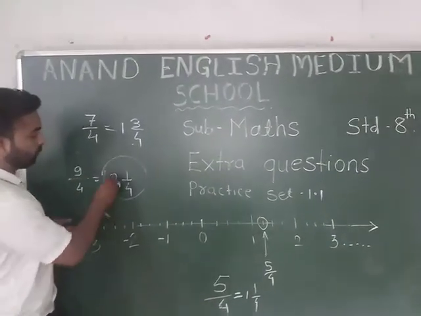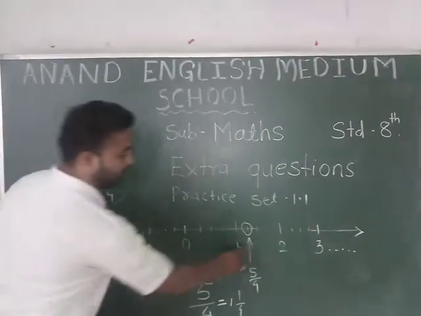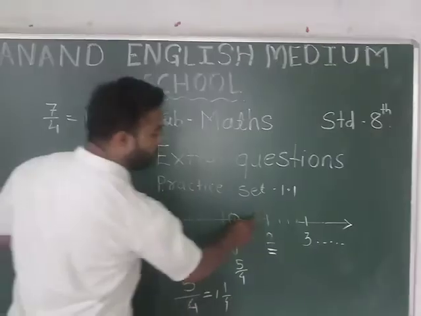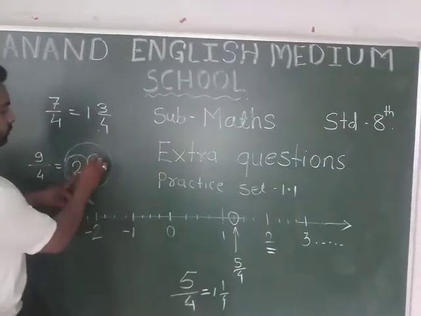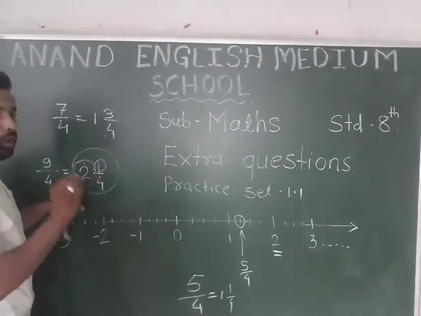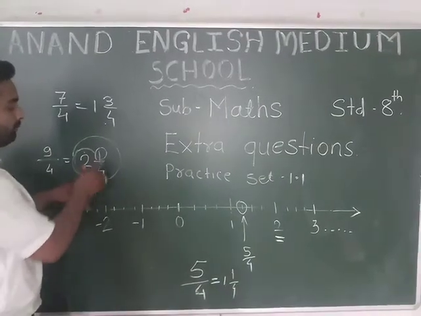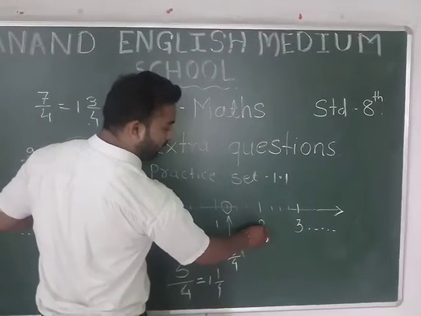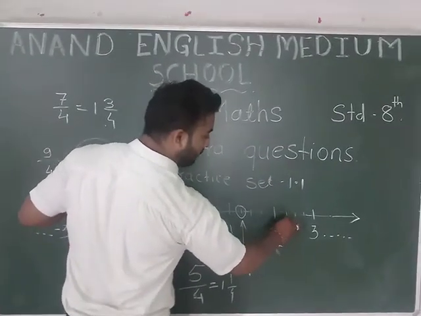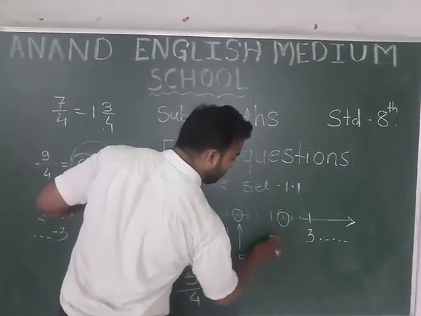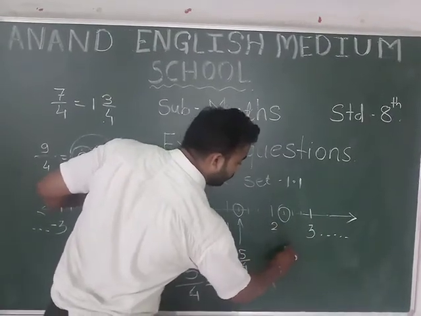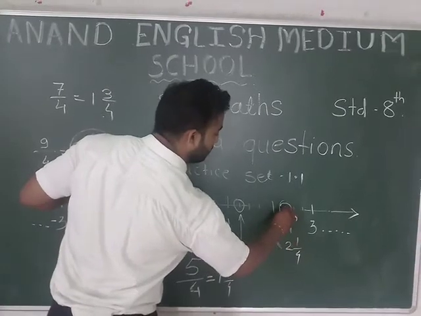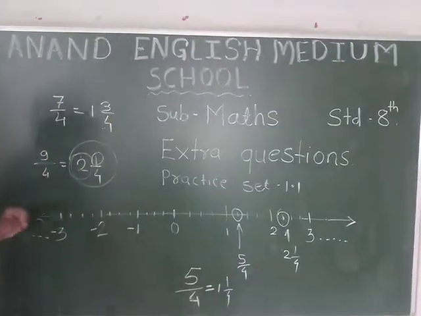That means first of all we have to go here. Have you understood? After that, 1 upon 4. That means you just have to count from the 2. That is, 2 has completed. After that 1 upon 4. That means this is 2 integer 1 upon 4.